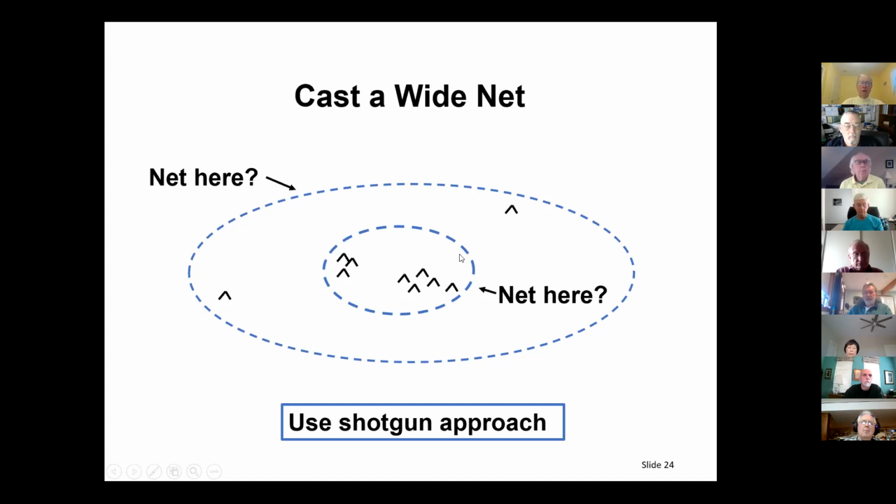Well, we could do it quicker here, but you know, we don't know that most of the fish may be over here. We have no idea. And so what we suggest in trying to brainstorm this problem diagram is to cast a wide net, to try to get as much of the different aspects of this wicked problem into the effort as possible, because we really don't know where the key factors lie.